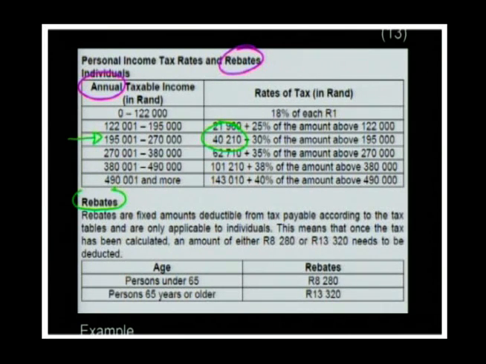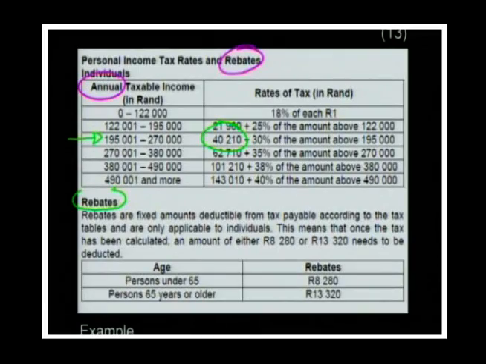Well, it tells us rebates are fixed amounts deductible from tax payable according to the tax tables and are only applicable to individuals. This means that once the tax has been calculated, an amount of either 8,280 Rand or 13,320 Rand needs to be deducted.